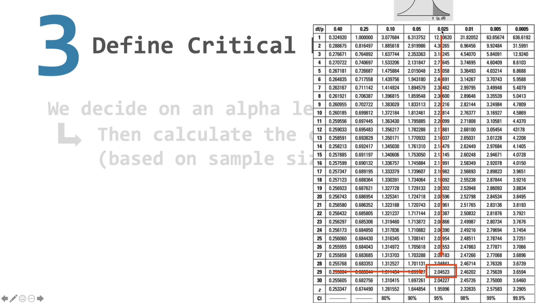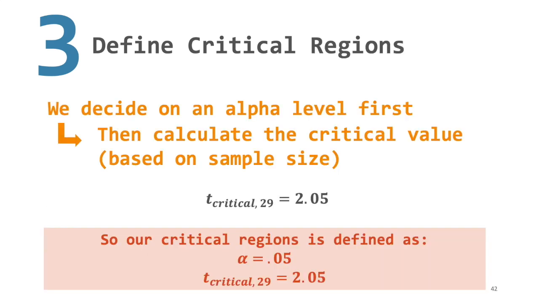Again, we would go over 0.025, and again, our critical would be 2.05. Our critical regions we could define as either alpha equals 0.05, or we could use our T critical, the cutoff point. Again, when we actually calculate this, Jamovi is going to give us a p-value, and we can just use that.